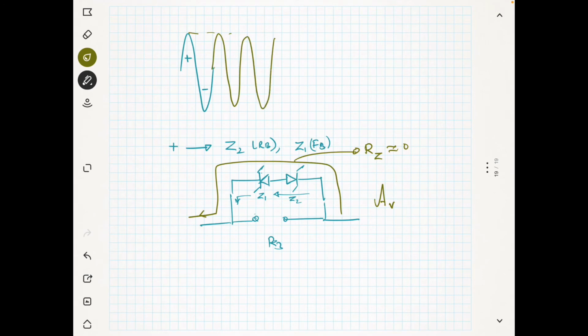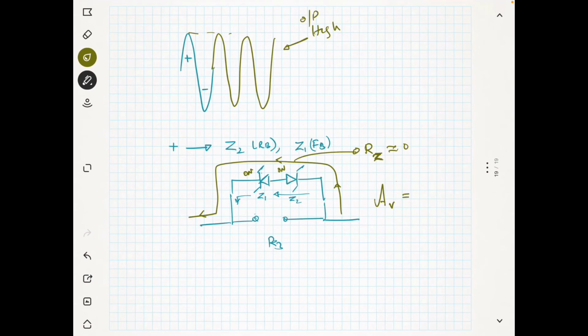Whenever the output becomes high, both of these Zener diodes will be on. Then the current will be flowing through the Zener diode such that the resistance is almost 0.